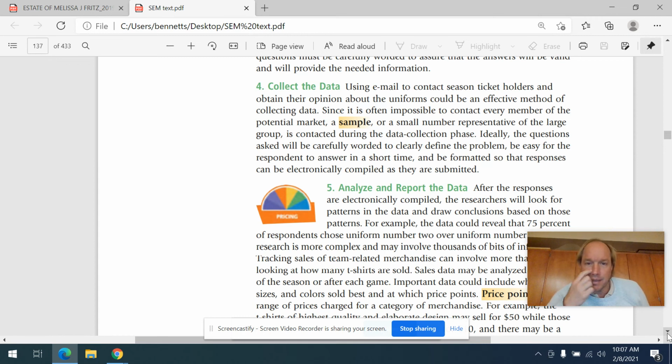Okay, so collecting the data is important, and so often in today's day and age, whether you're on social media, whether it's Twitter, Instagram, Facebook, Snapchat, whatever, a lot of times you have the opportunity to complete a survey.